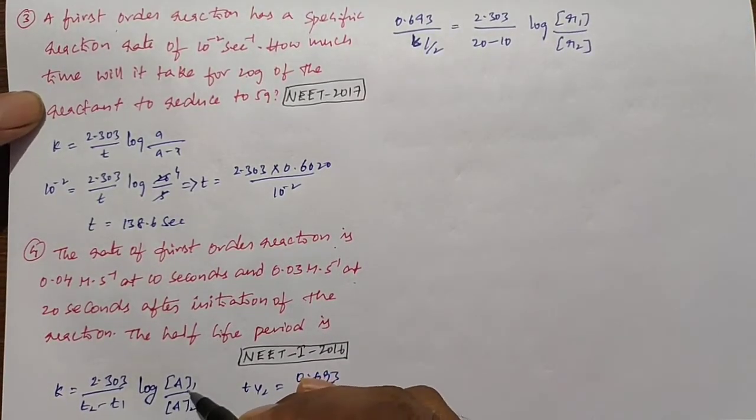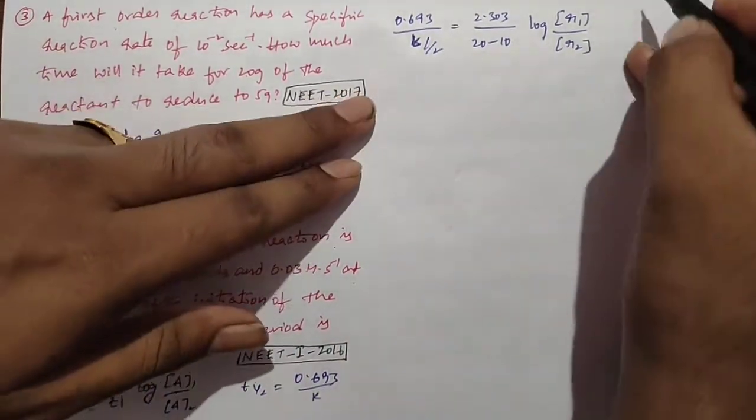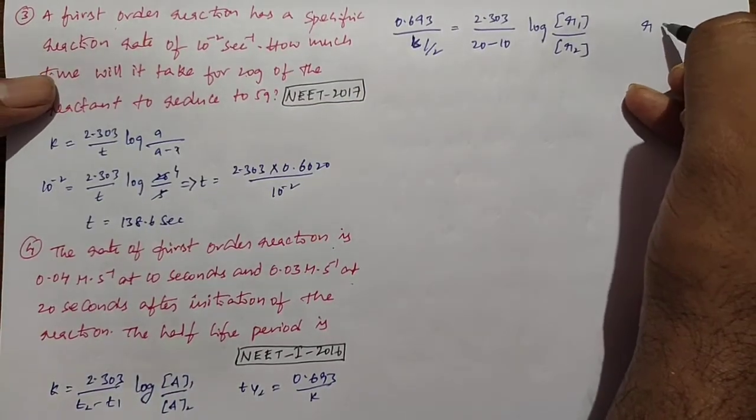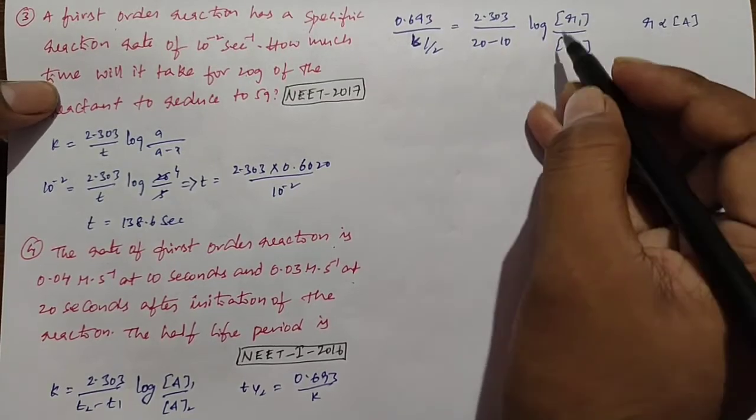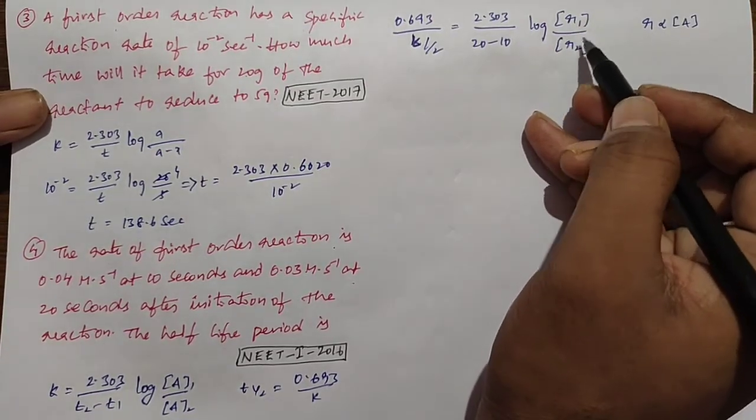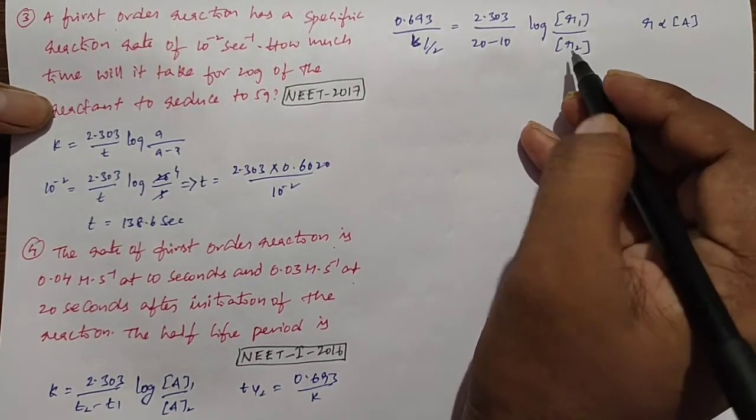In place of concentration, I just take the rate. Why? Because for a first order reaction, the rate of reaction is directly proportional to the concentration of the reactant, so that's why I take the rate in place of concentration.